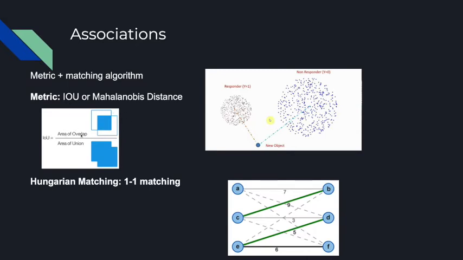There's the IOU, the intersection over union, calculated by the area of the overlap of the two bounding boxes divided by the area of their union. And this gives a standard metric on how much two things overlap. There's also a statistical method called the Mahalanobis distance metric, which determines how similar a data point is to a set of existing data.